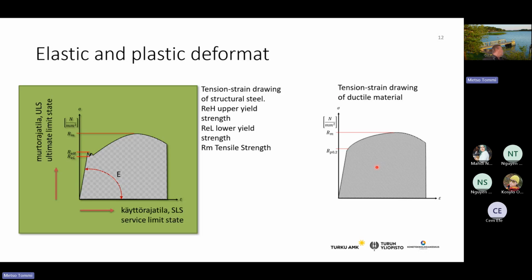There are two kinds of methods when we are designing structures.